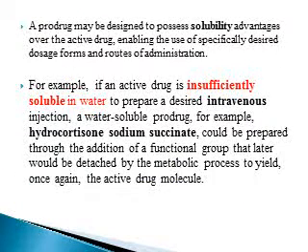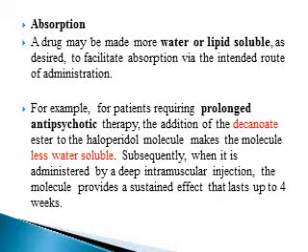For example, for insufficient solubility, to prepare a desired intravenous injection I can make a water soluble prodrug, for example hydrocortisone sodium succinate, prepared through addition of a functional group that is later detached by metabolic process, so we increased its solubility for use. Or I can prepare it to increase absorption.